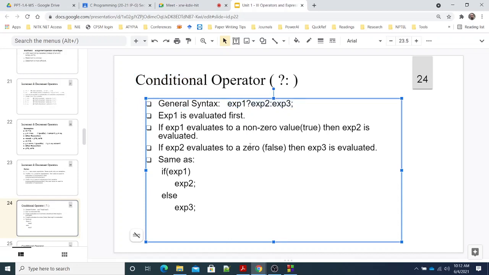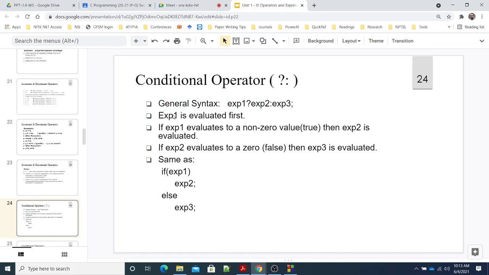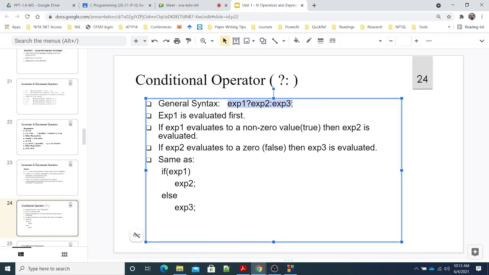If you are giving a statement like this, first expression 1 will be evaluated. Typically expression 1 will be a relational expression which will result in true or false. So expression 1 is evaluated first.